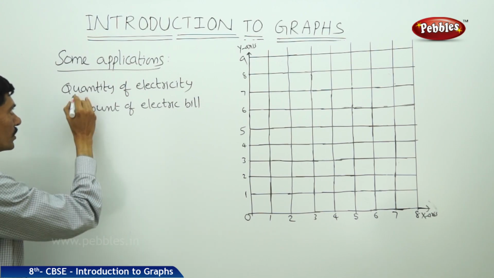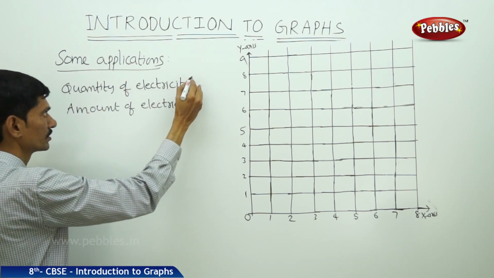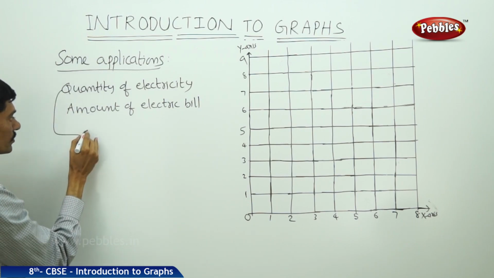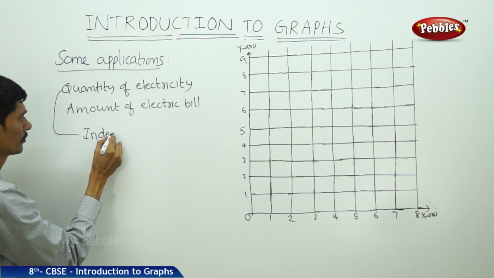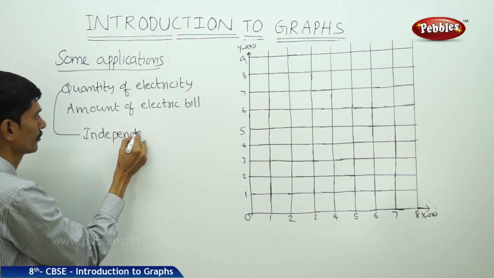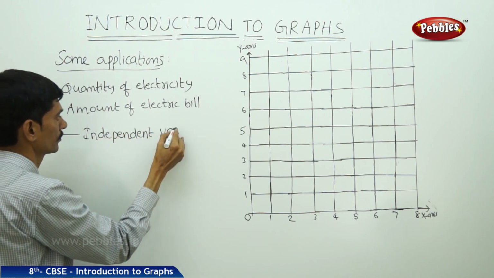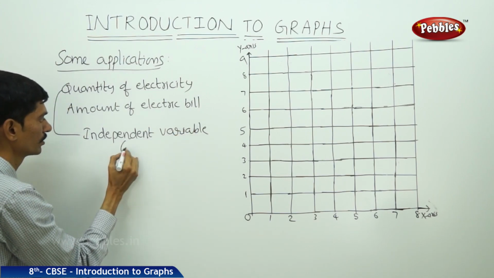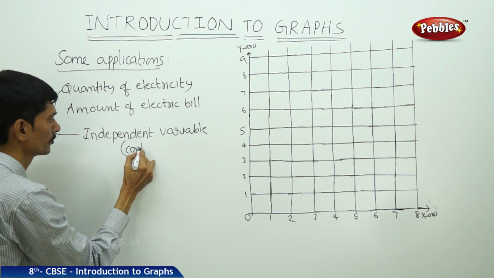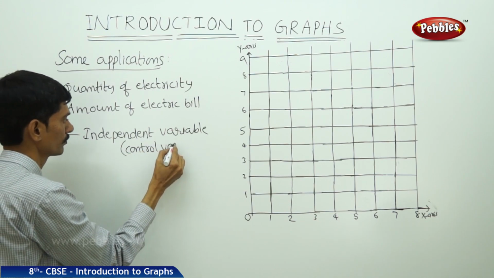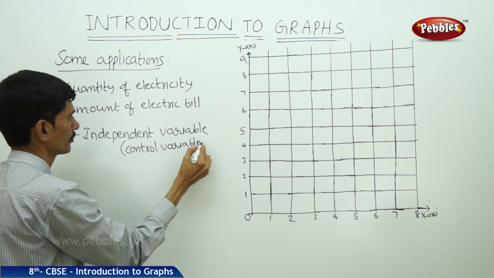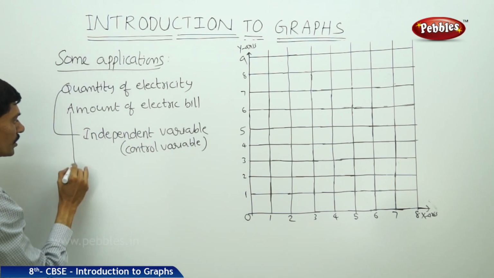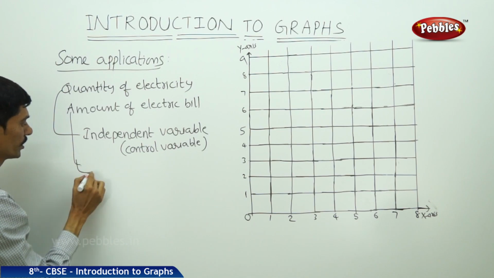So here the quantity of electricity is called the independent variable, or sometimes it is also called control variable. And the amount of electric bill is called the dependent variable.